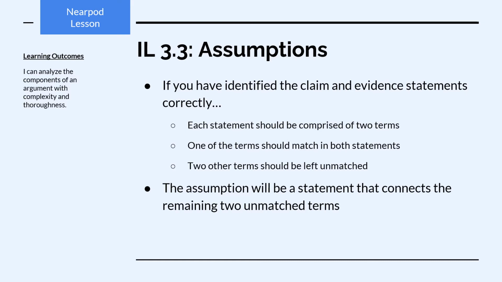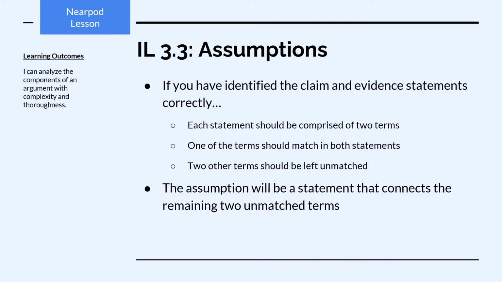So if you've identified the claim and evidence statements correctly from whatever written argument you're working with, each statement should be comprised of two terms. If you find yourself with more than two terms, either you're not looking at the statement properly or you've pulled too much, like how a lot of you in your argument mapping would often throw evidence in with your claim in the same box.